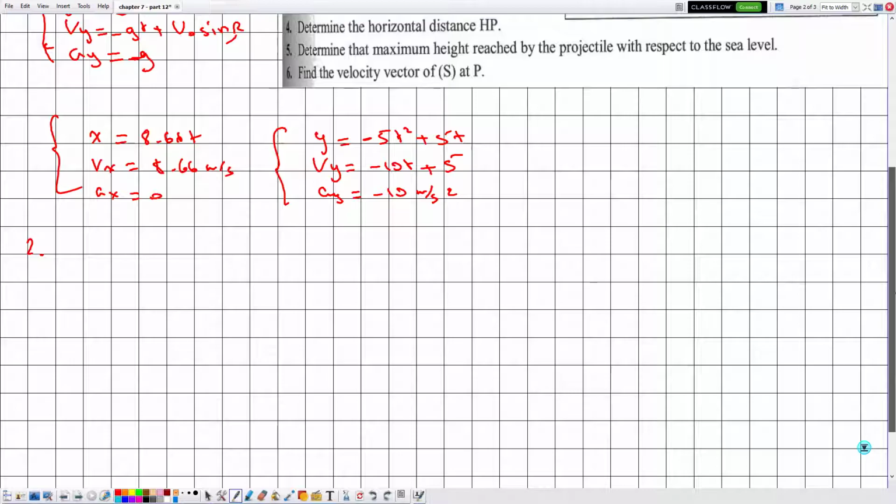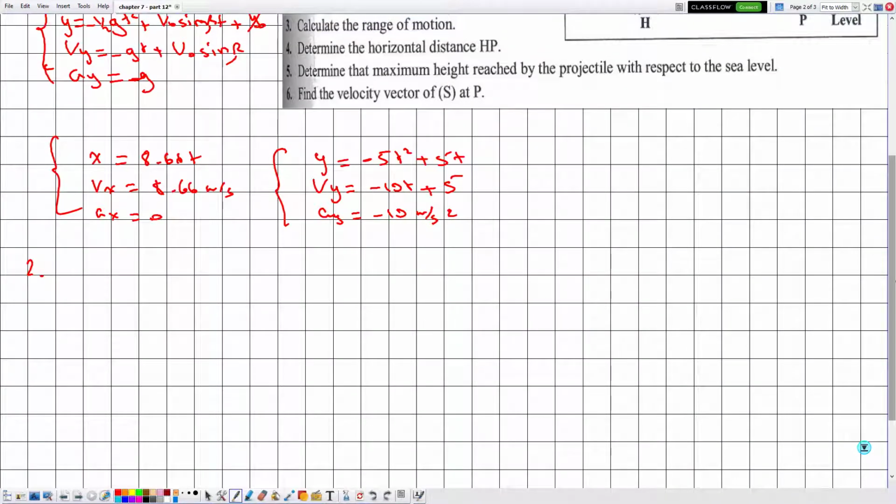Okay, so we have that x is equal to v0 cosine beta t, which means that t is equal to x divided by v0 cosine beta, and y is equal to minus half gt square plus v0 sine beta t.